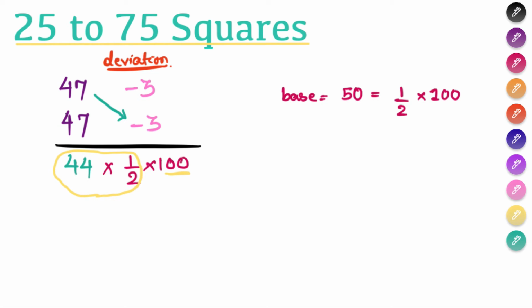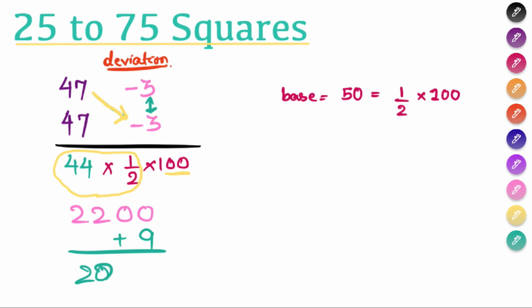When we subtract 47 minus 3, we get 44, and in our mind we divide it by 2, we get 22, and we simply add 2 zeros. Then the final step is multiplying the deviations. Minus 3 into minus 3 is plus 9, so plus 9, that gives us 2209.